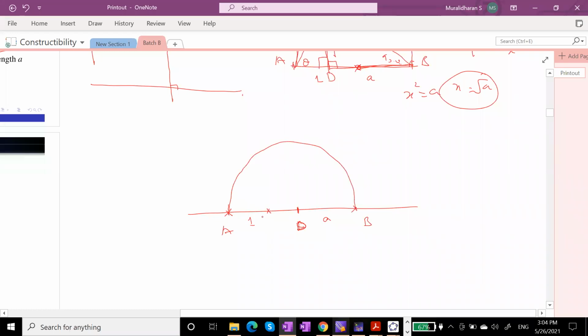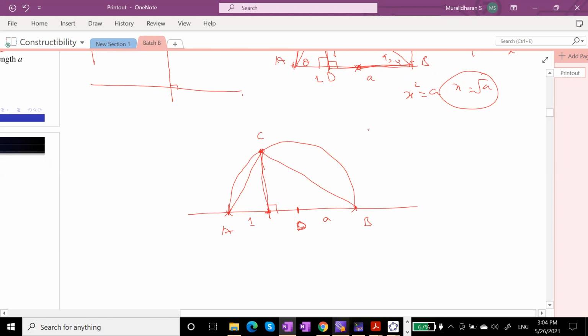Then from this point to this plane, I can draw a perpendicular. I can do that, no issue at all. Again, I have not used anything other than straight edge and compass. Then let it meet at this point C. I join this one and join this one.